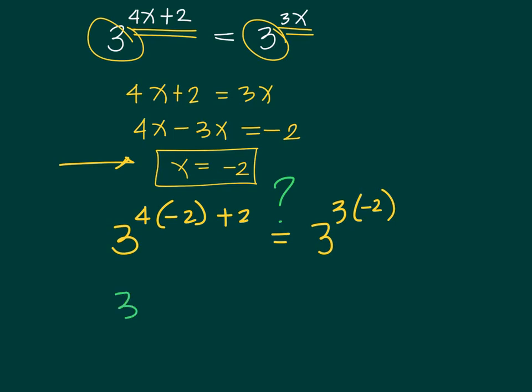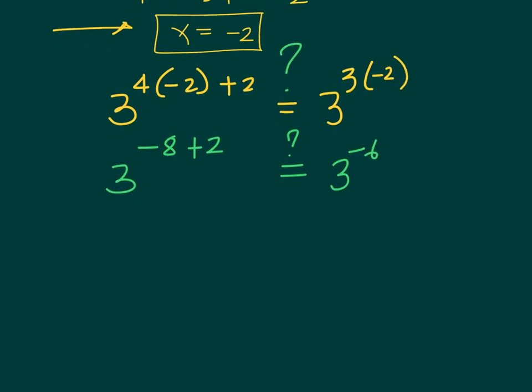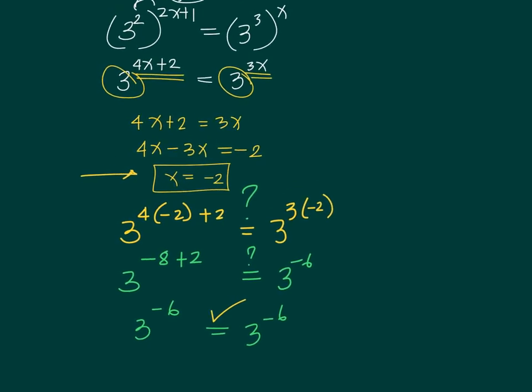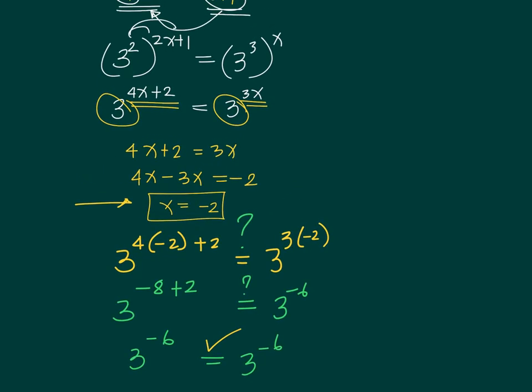To check, we have 3 raised to negative 8 plus 2. Is this equal to 3 raised to negative 6? Negative 8 plus 2 is negative 6, and this is 3 to the negative 6. Therefore, they are the same. Okay, but that is something that you might want to do just to make sure that your answer is correct.